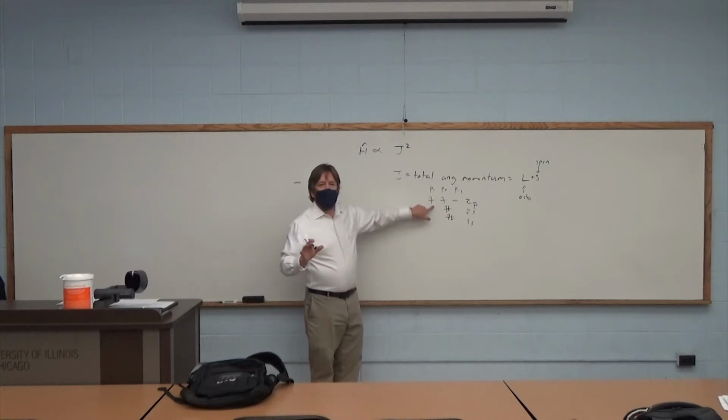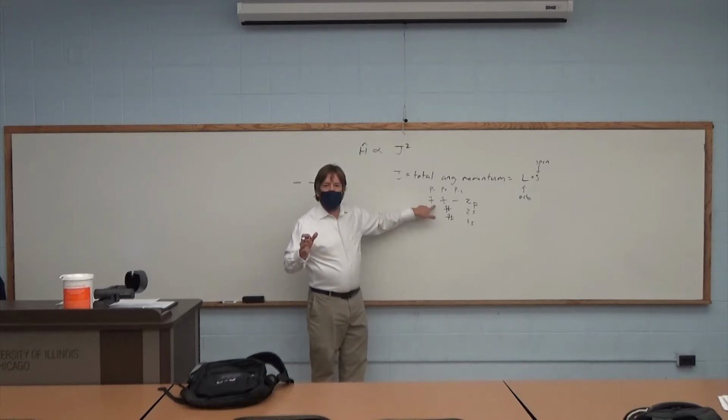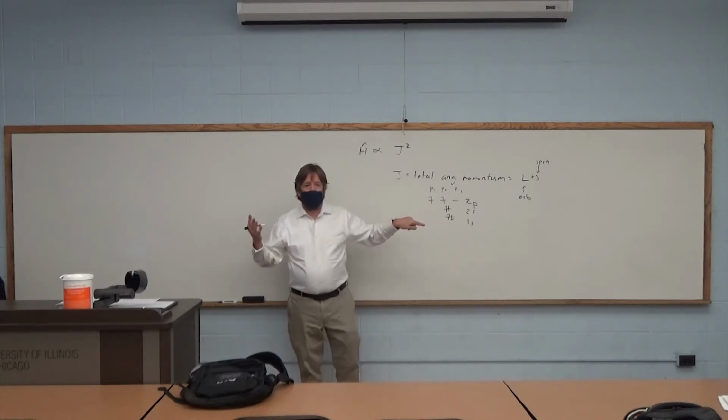So when we get here, it gets more complicated. The reason is that for the electrons, I have to add angular momentum, but I've got 4 things to add. I have to add their S's and I have to add their L's.